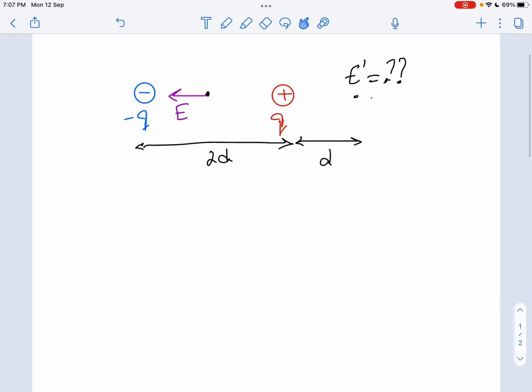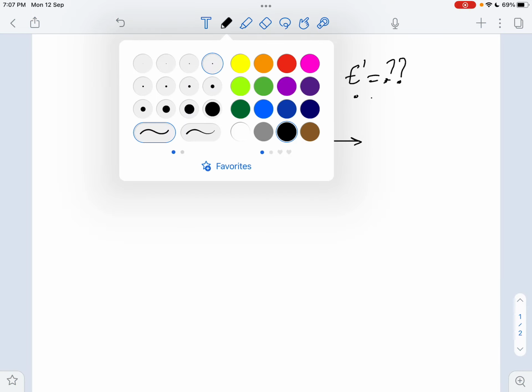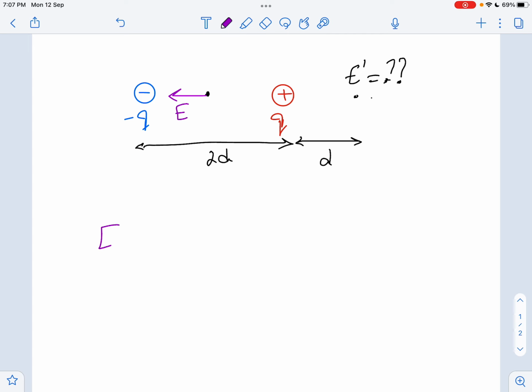Now, to start solving such problems, let's find E. What will be the value of E in general? So E is going to be, as I said, the sum of the electric field due to the positive charge, which is KQ over D squared, because again, the distance from here till here is D, and the distance from here till here is also D, plus the electric field due to the negative charge, which is also KQ over D squared.